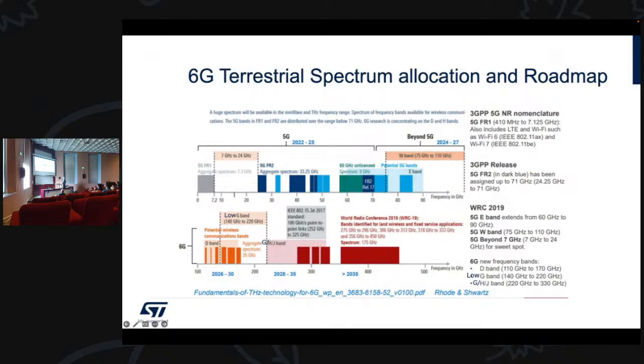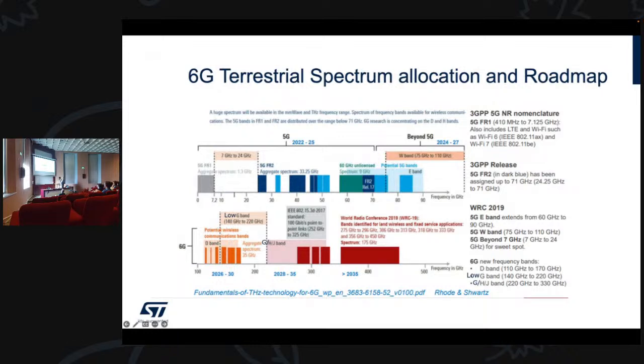The beyond 5G is the next step, 24, 27, with the bands between 70, 75 giga to 110. And then for the 6G, we will open new bands, so the D band, between 110 to 200 gigahertz, roughly.